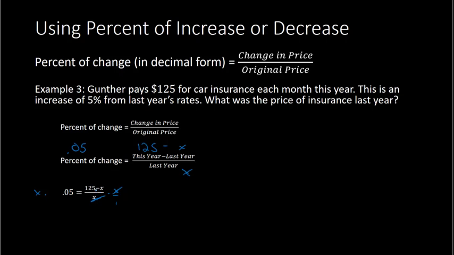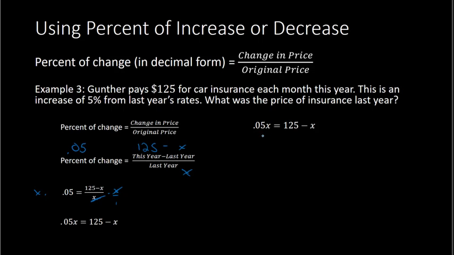So on the right side, I have 125 minus X, and on the left side, I have 0.05 times X. So then from here, I can bring the X's together, and I can also get rid of this decimal. So if I get rid of the decimal first, it might make things a little bit easier.